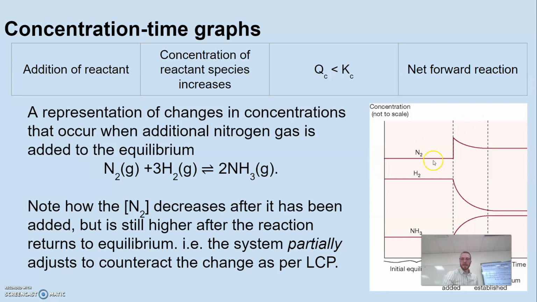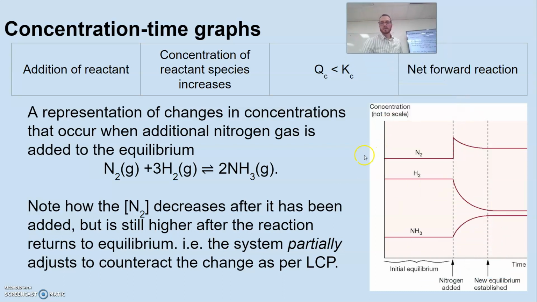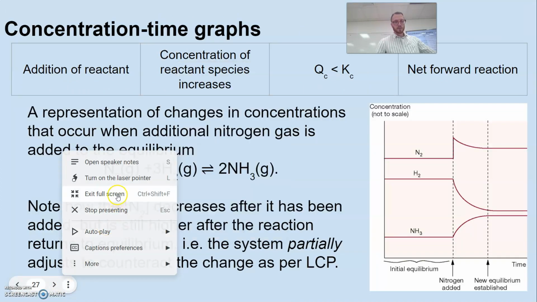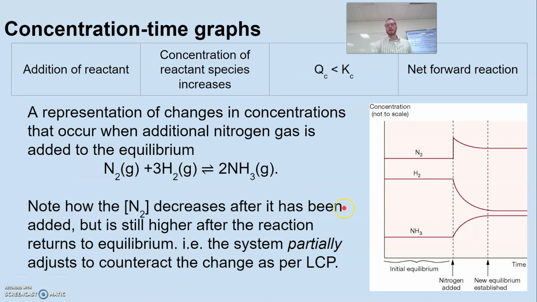So if we consider a gaseous species and we're adding a substance, going back to this example of the Haber process that we've talked about at length, ad nauseam probably, because it's quite a well-known equilibrium system.